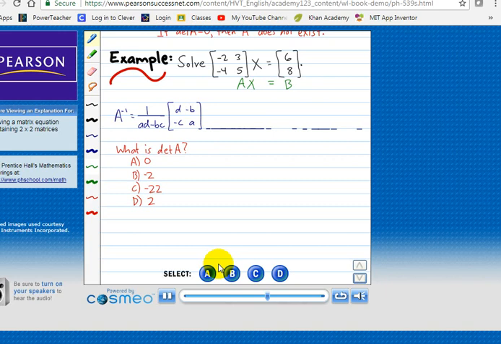What's negative 2 times 5? Negative 10. So we're going to subtract from that negative 4 times 3. What's that? Negative 12. So negative 10 minus negative 12 yields what? Positive 2. So number D is correct.